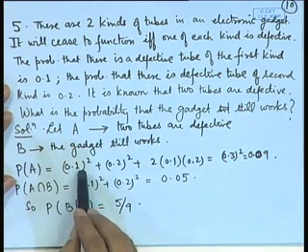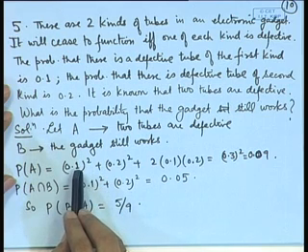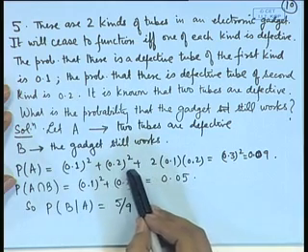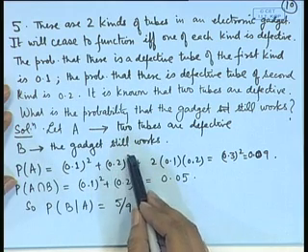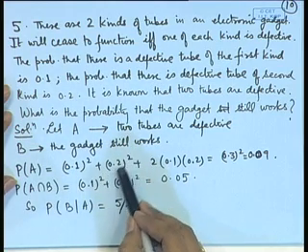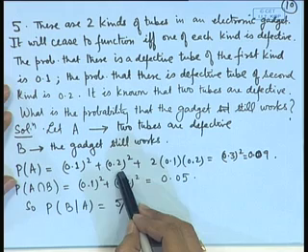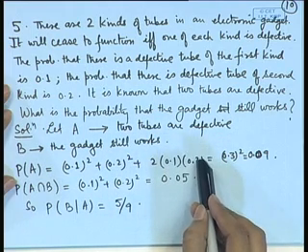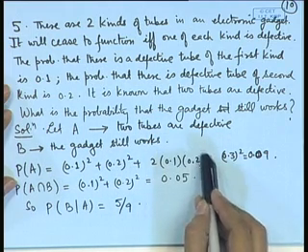If both the tubes are defective of the first kind, then the probability will be 0.1 into 0.1, that means 0.1 square. Both may have defects of the second kind, so it is 0.2 into 0.2, that is 0.2 square, or the first one could have a defect of the first kind and the second one a defect of the second kind, or vice versa.